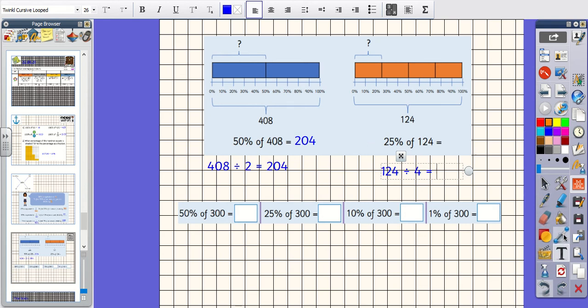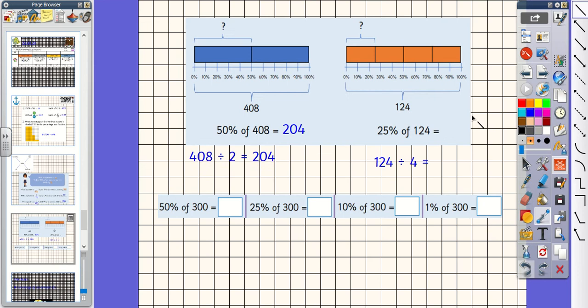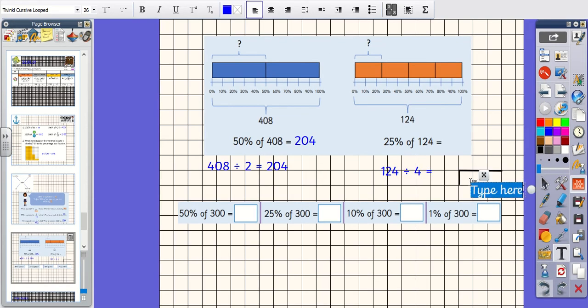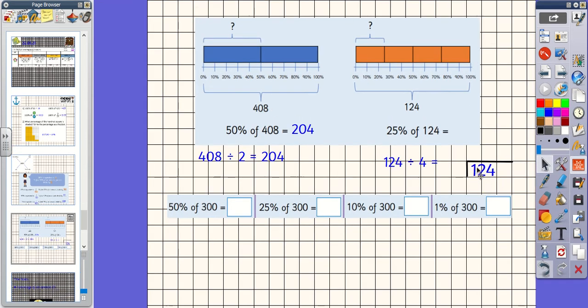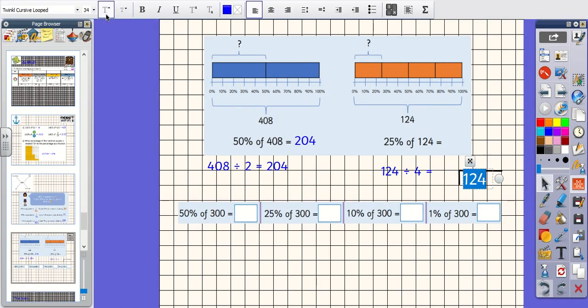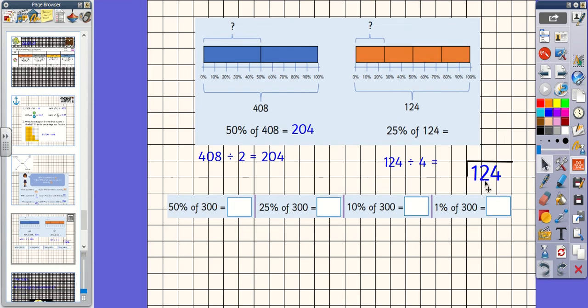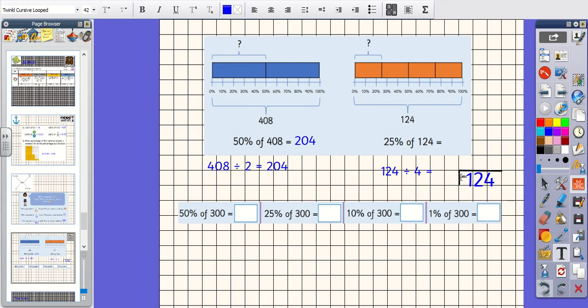There we go. So if I want to do short division, and put in my numbers, 124, just make them a little bit bigger so they can fit in one number per square. There we go. And we are dividing by 4. How many 4s go into 1?